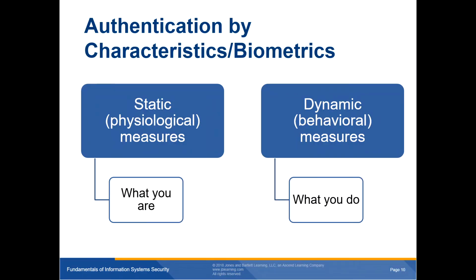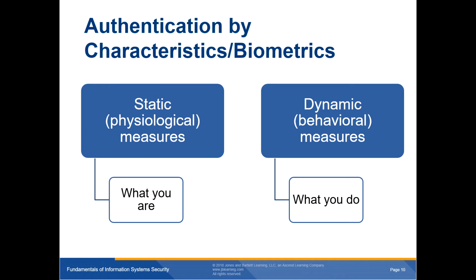Authentication by characteristics, or biometrics. We have two types. Static, which are physiological measures, what you are, include recognizing fingerprints, iris granularity, retinal blood vessels, facial geometry, things that won't change. And dynamic, behavioral measures, what you do, such as your voice inflection. My voice inflection on this audio PowerPoint could be different, so that's dynamic.